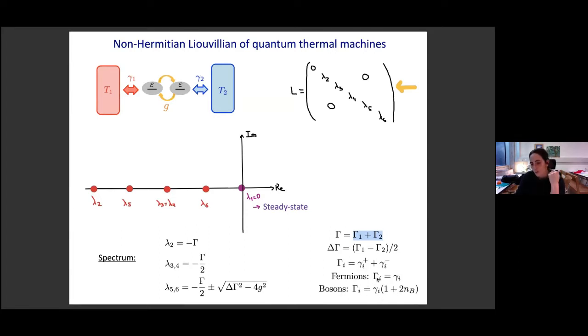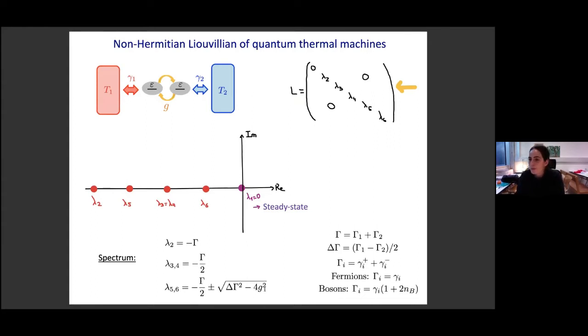But what you have to remember is that gamma and delta gamma depend on the bare coupling rates to the bath and, in the case of bosons, on the statistics, so they will also depend on the temperature and energy of the qubit. And G, the interqubit coupling strength, only appears here under the square root.